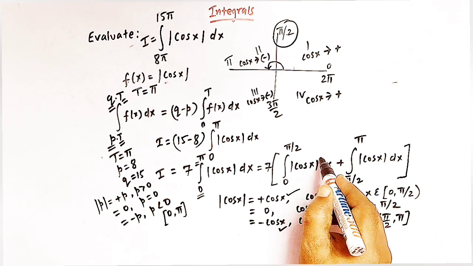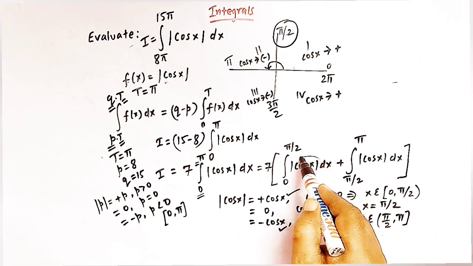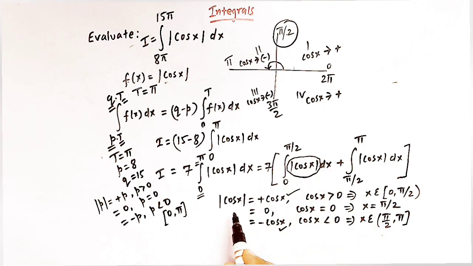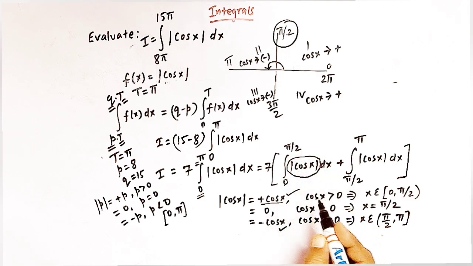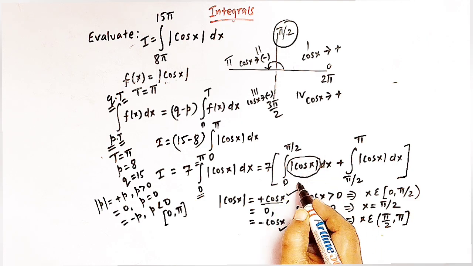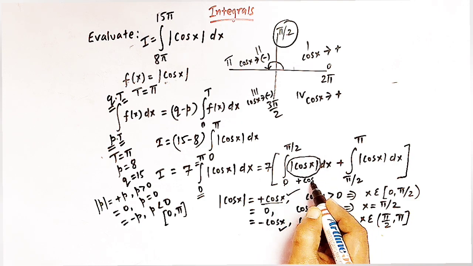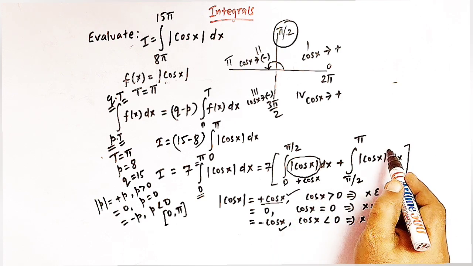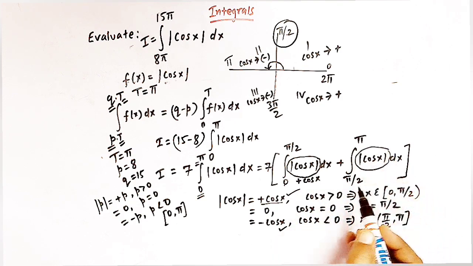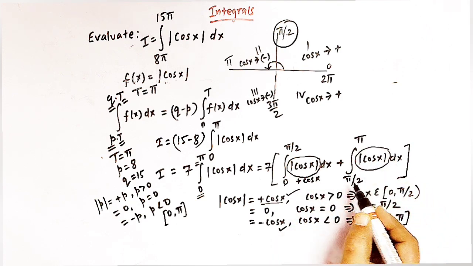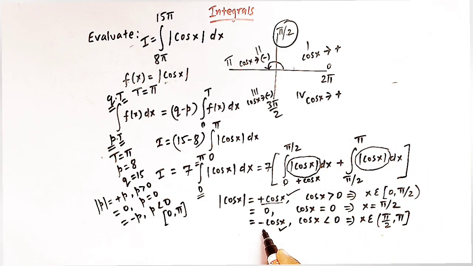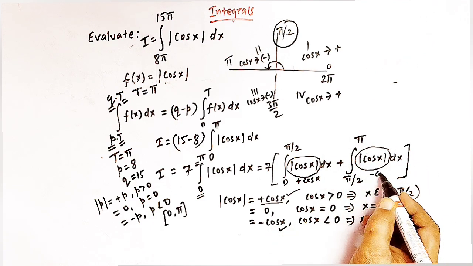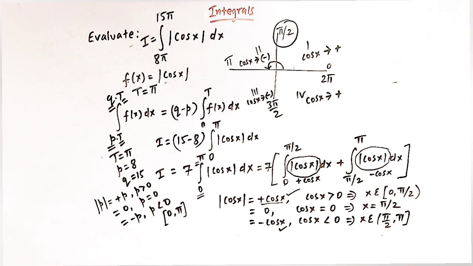So let us here replace mod of cos x by a positive cos x when x varies from 0 to pi by 2. So here mod of cos x is positive cos x, and in this case when x varies from pi by 2 to pi, mod of cos x should be replaced by negative cos of x.